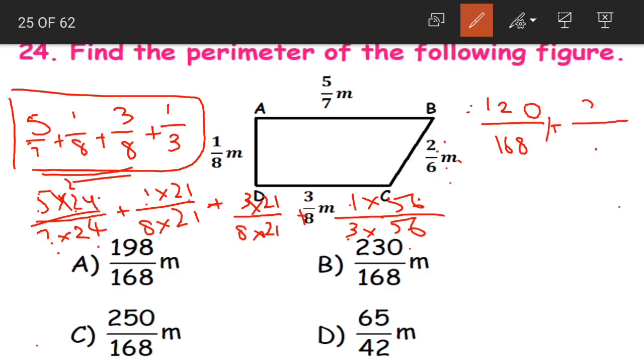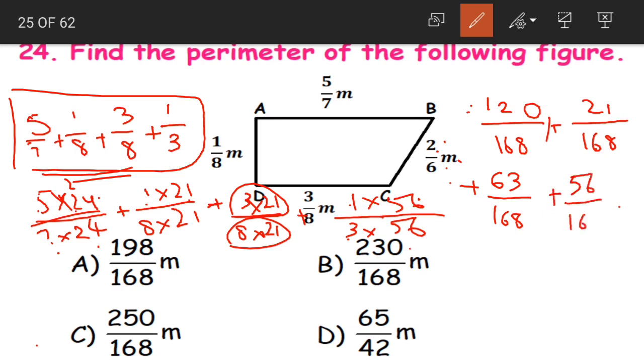Then 1 into 21, 21 divided by 168. No need to worry about multiplying the denominator, children. It will be 168 for all the 4 fractions. 3 into 21 is 63 divided by 168, plus 1 into 56, 56 divided by 168.